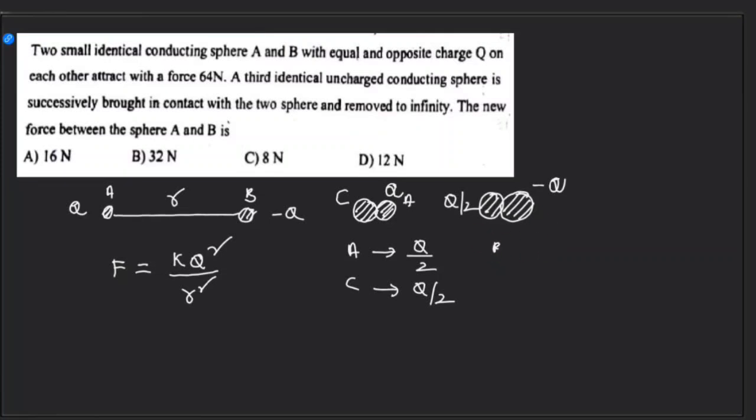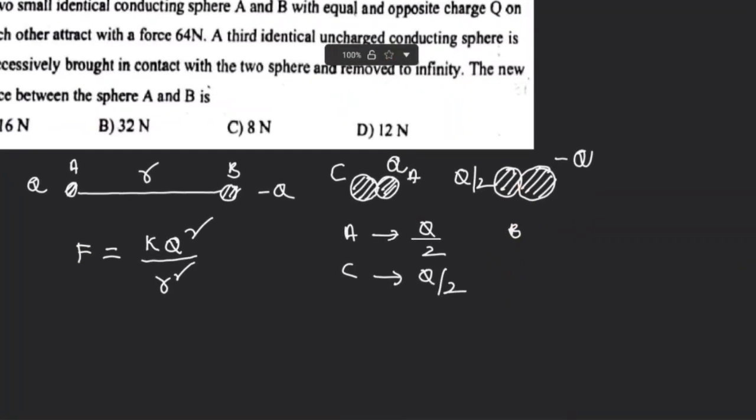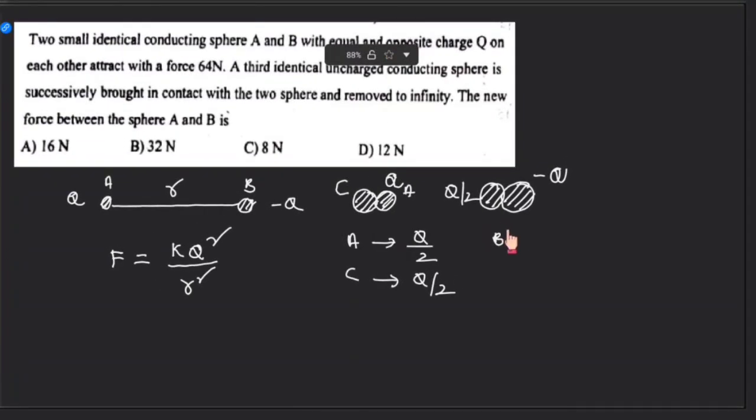So the charge of each can be written as the sum of these two, Q by 2 minus Q, which is minus Q by 2, divided by 2, which is minus Q by 4. So the charge on B as well as on C will be minus Q by 4.